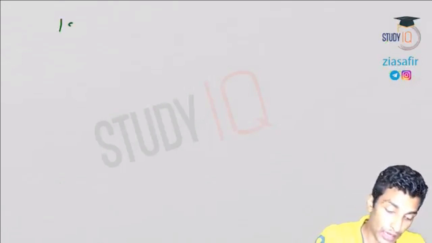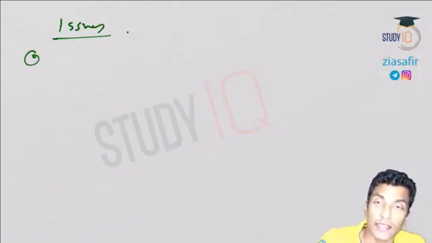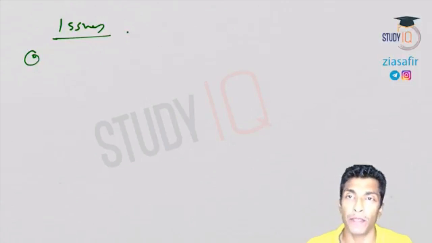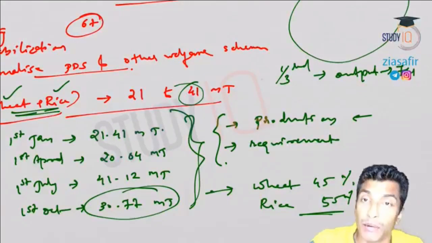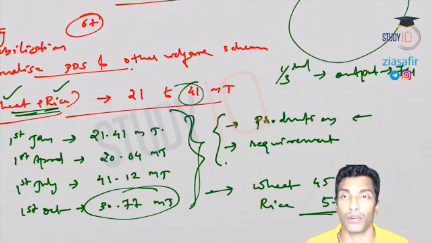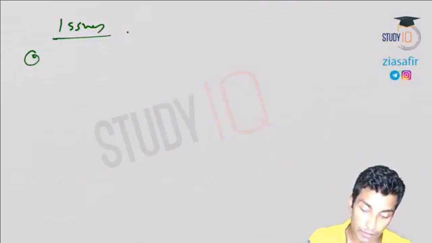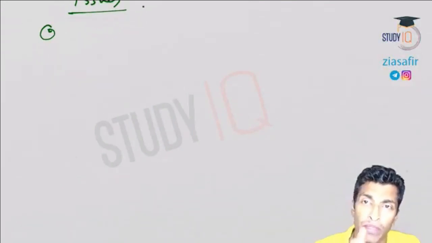Now what are the issues? Let's look into the issues. First is excessive stocking. I've told you 1/3 is procured by FCI, which is beyond these buffer stock norms. The buffer stock norm is this much only, a maximum of 40. But if you have a food grain production of, let's say, 250 million ton, the procurement is so high that it is beyond the buffer stock norm, and the excessive stocking leads to wastages.